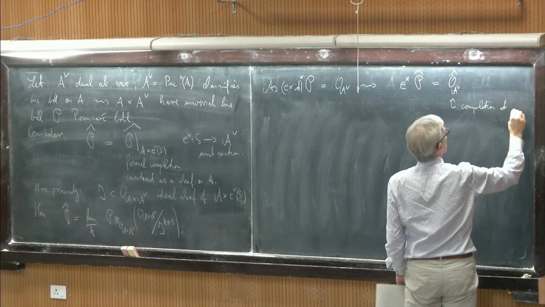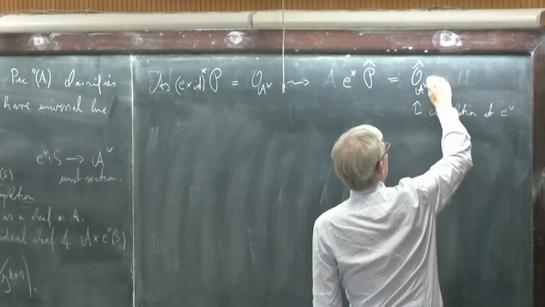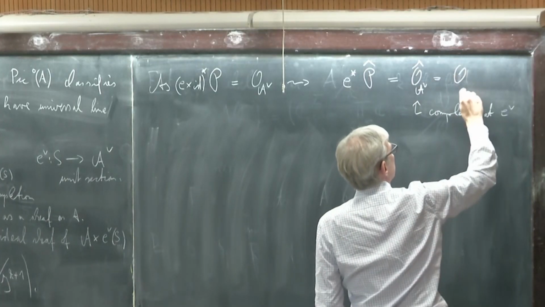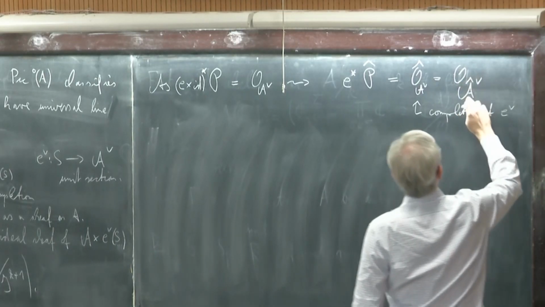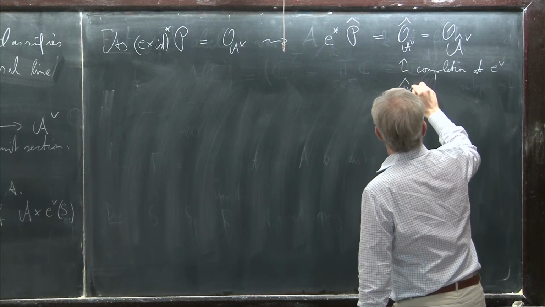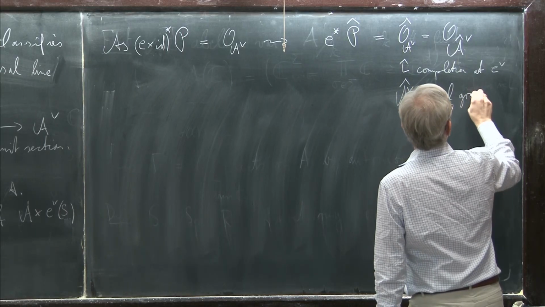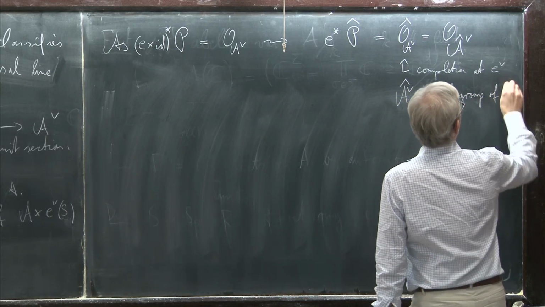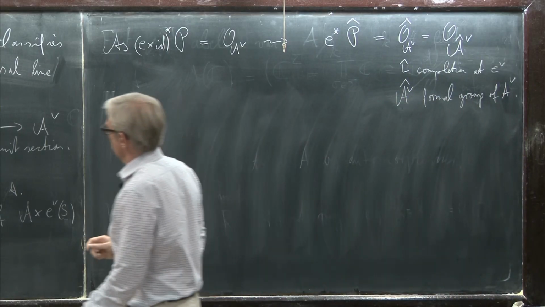This you can think of also as being the structure sheaf on the formal group of that dual variety. So A hat dual, this is the formal group of that dual abelian variety, and this will play a role later.